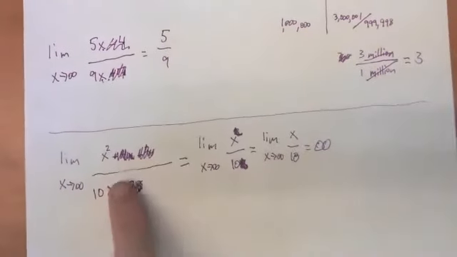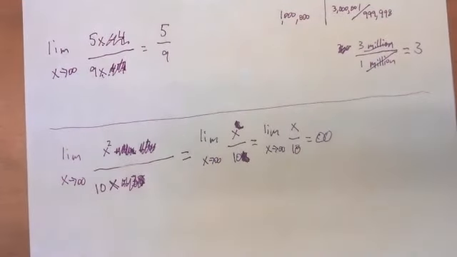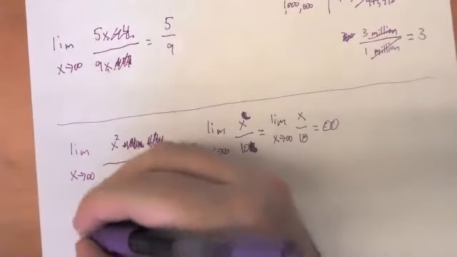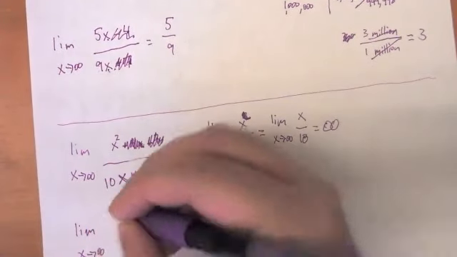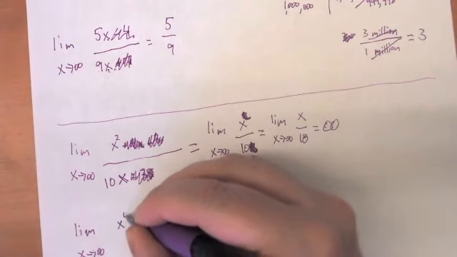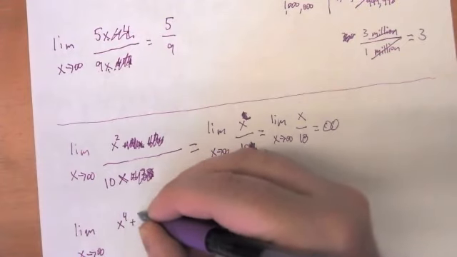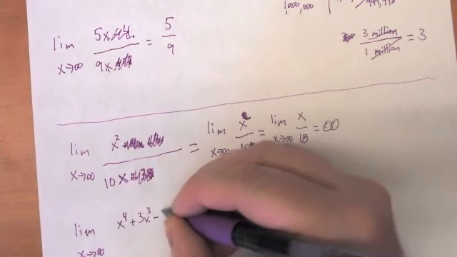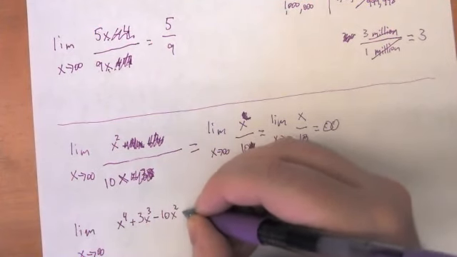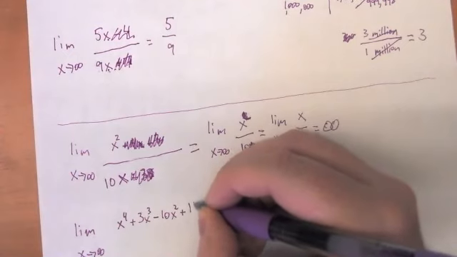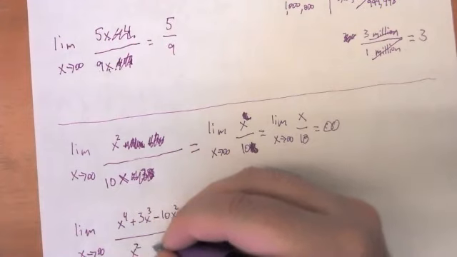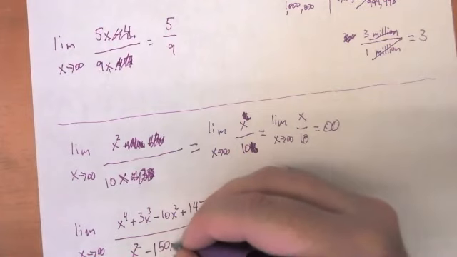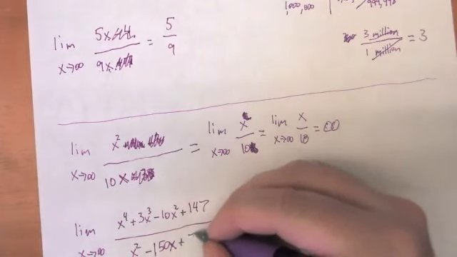All right, and so when we had this complicated polynomial, let's take another example here. So we've got the limit as x approaches infinity of, let me be really wild here, x to the fourth plus 3x cubed minus 10x squared plus 147 over x squared minus 150x plus 71.